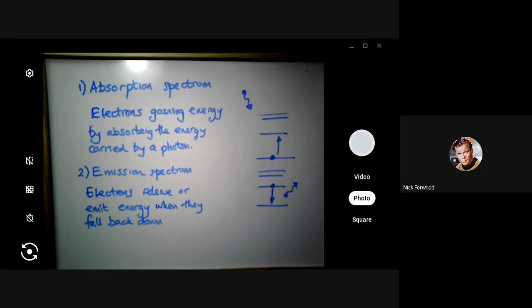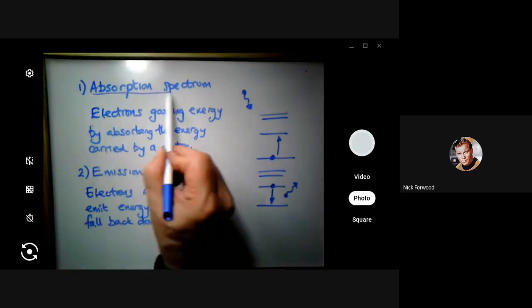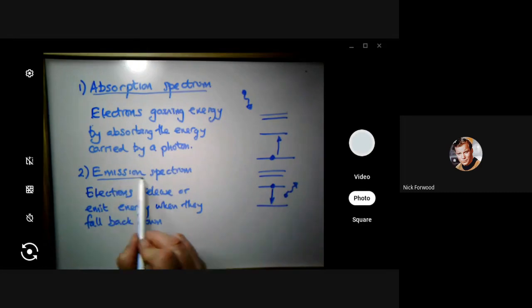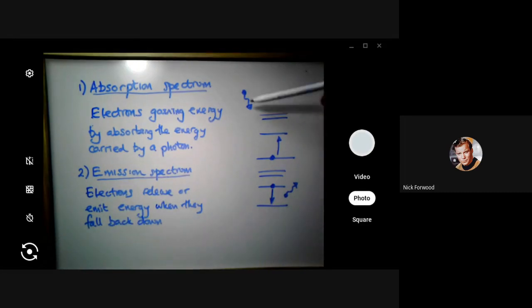And these are two different phenomena that we're going to look at. Energy getting absorbed, which makes electrons go up, and energy released when electrons go back down. And it's all to do with the energy that a photon carries. An incoming photon of light gives its energy to an electron, makes it go up, and when the electron jumps down, the photon of energy goes back out again.